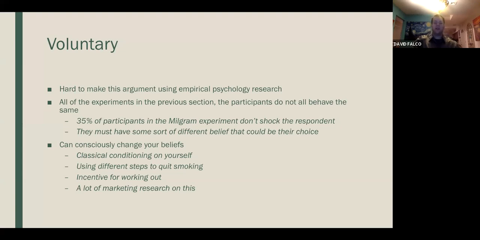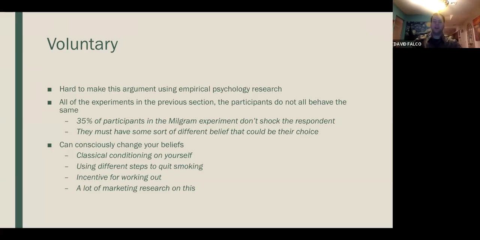Based on that, you can kind of say, okay, so some beliefs are involuntary, but clearly these 35% of people are in some way voluntarily saying, no, I think this is wrong. I won't do this. Basically, they must be holding some sort of beliefs that cannot be manipulated, and therefore you can make the argument that those are voluntary.